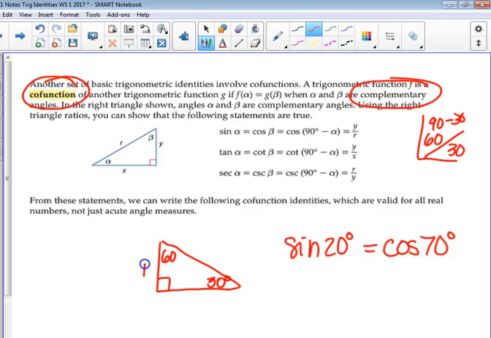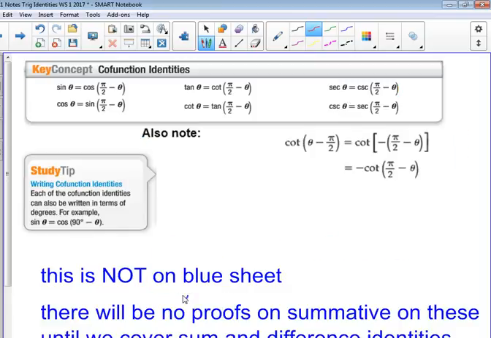Think about it for a minute. The sine from here is 1/2, but the cosine from this corner is 1/2, right? We don't actually use this in identities very often. Therefore, it is not a part of your blue sheet. It is on the back of the white worksheet 30, okay?